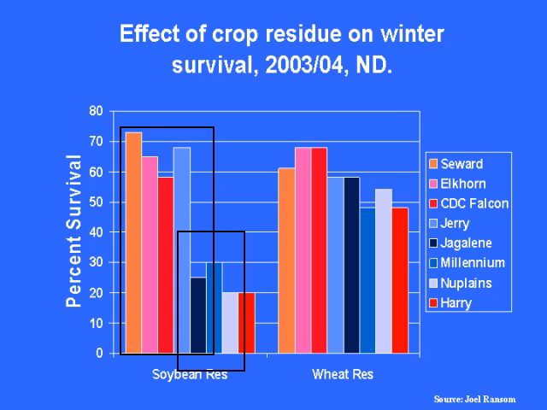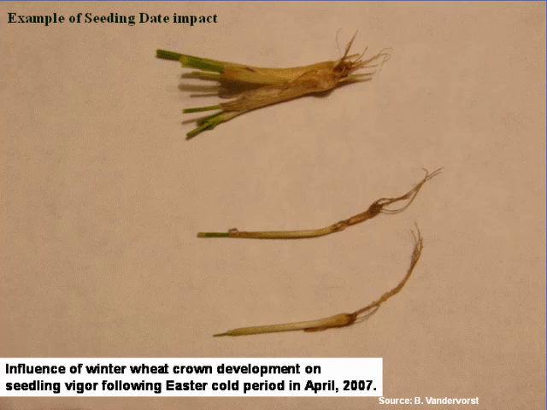So that's kind of the situation we see out in the field. We have a number of varieties that are growing that are not particularly winter hardy, and of course we have quite a few that are well adapted to our environment. Probably no surprise if we see some variability in winter survival.